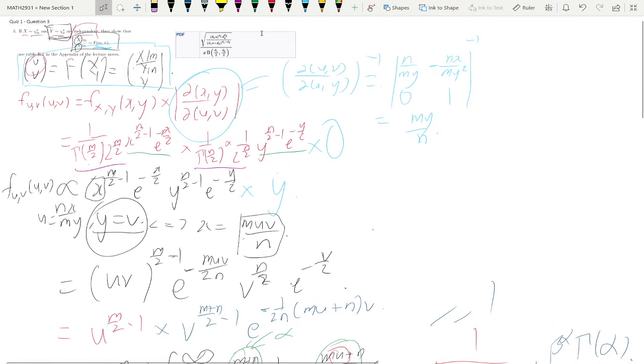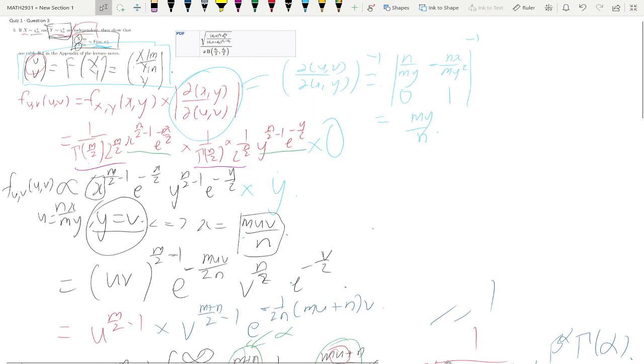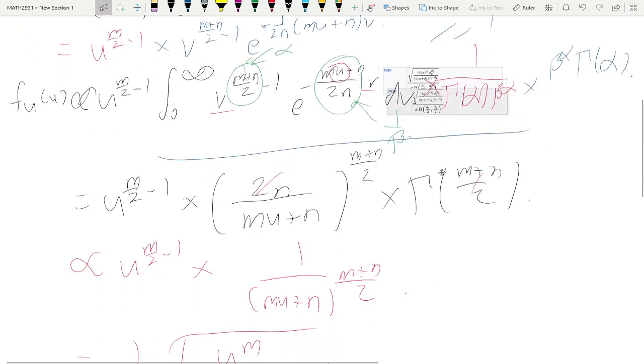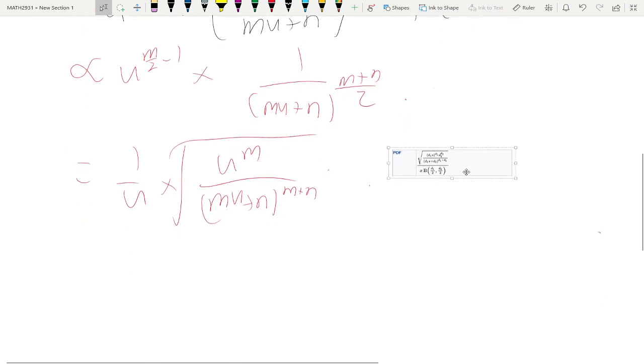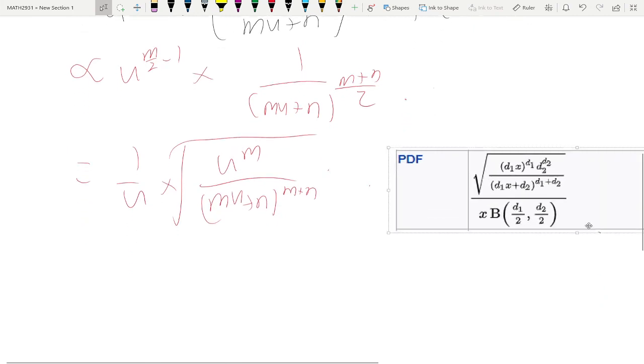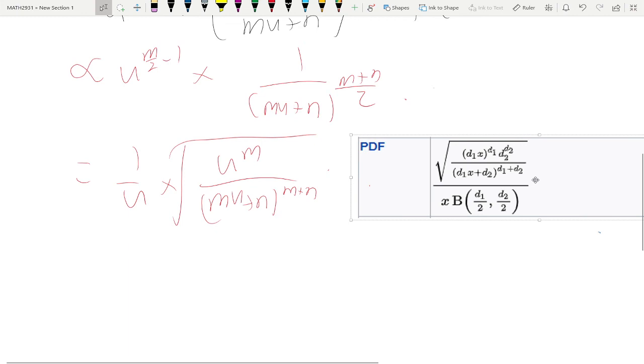If you go back to this thing, I'll bring it down all the way. Okay, bring it down. If you just focus on the parts that are x, essentially, this thing over here with the square root and x out here, you can see it's the same form. Your D1 here, oh, I should use a different color, okay, purple. Your D1 is equal to m.